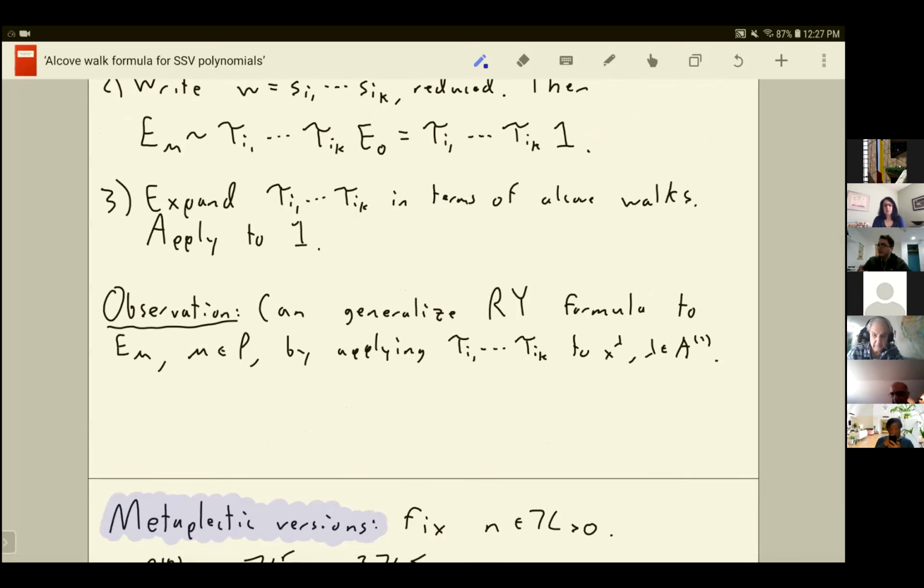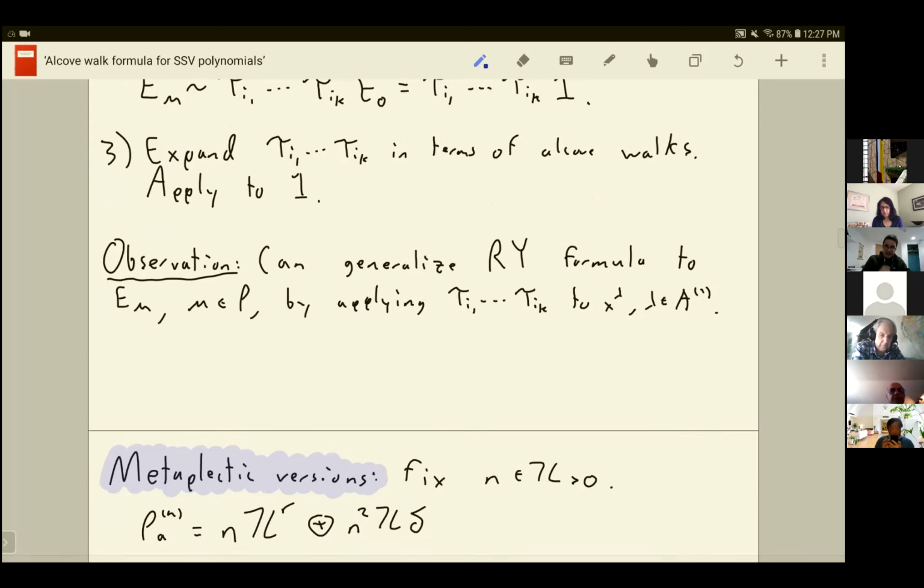So what I want to do now is start stating the metaplectic versions of all of this stuff I've given you. Here I use the term metaplectic to just mean I'm putting an n into the notation and stretching out the root lattice and weight lattice that I'm interested in. So we're going to fix some positive integer n.